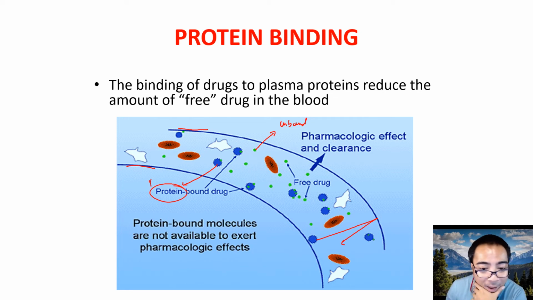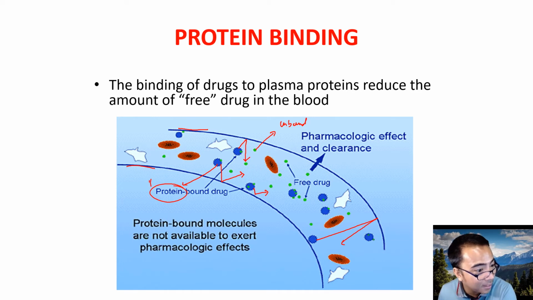So once a drug, class, is already protein bound, it cannot leave the bloodstream. Why? Okay? Simply because, class, it's attached to a large molecule that cannot leave the bloodstream as well. So kumbaga dinamay ni protein yung drug natin. Okay, dinamay. So hindi siya makaka-leave sa bloodstream. So therefore, class, it cannot distribute.